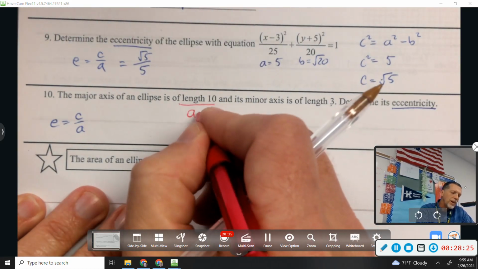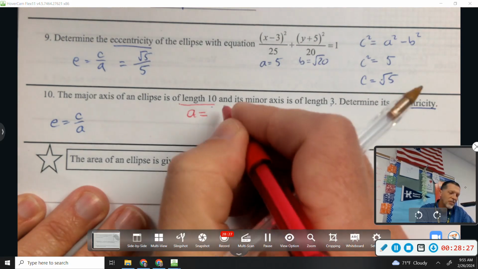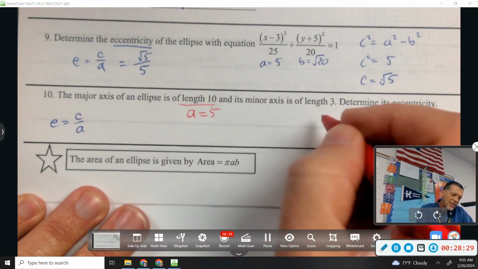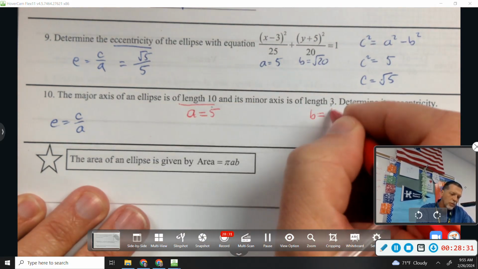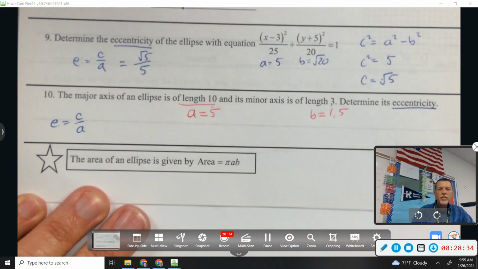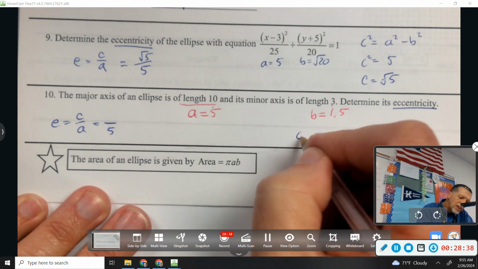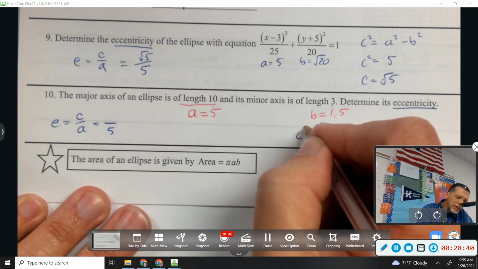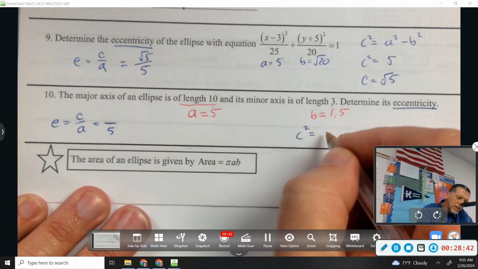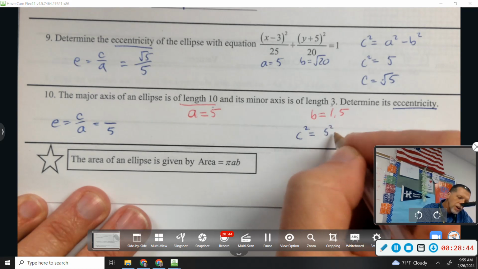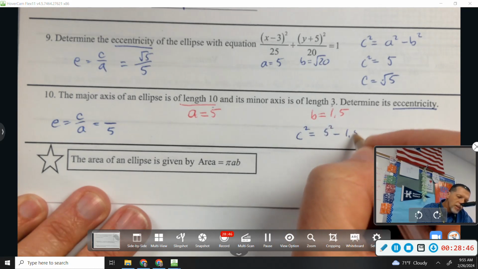Wait, A is 5, and B is 1.5. So I know A. It's 5. C is going to be ugly because of the 1.5 thing, but 5 squared minus 1.5 squared.